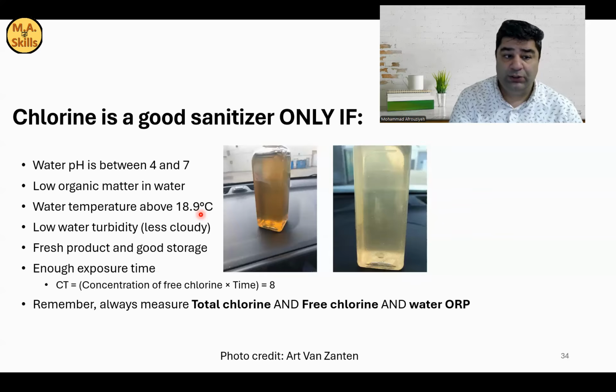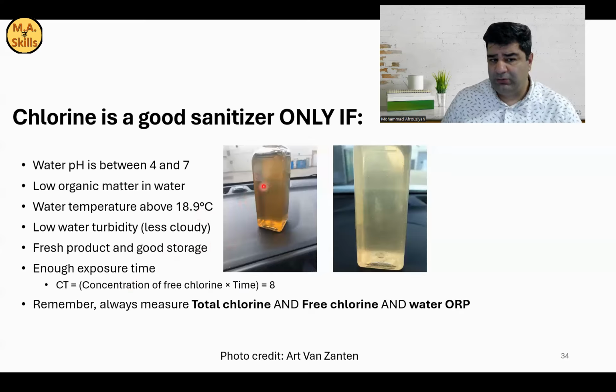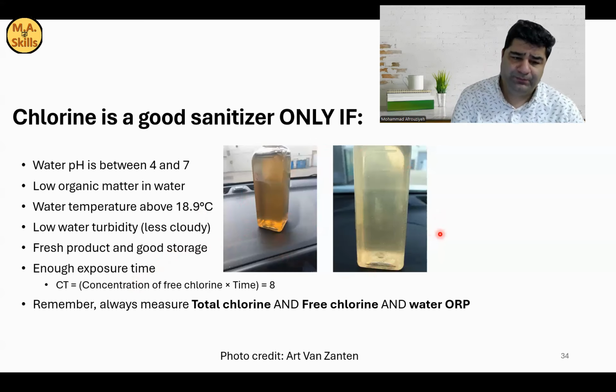And water should have low turbidity, or be less cloudy. These water samples you can see here are cloudy, which is not good. It's going to eat up your chlorine, and by that, chlorine addition will not be efficient. And try to use fresh chlorine product and good storage.